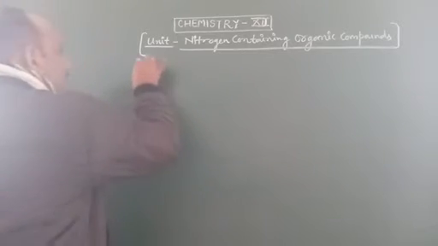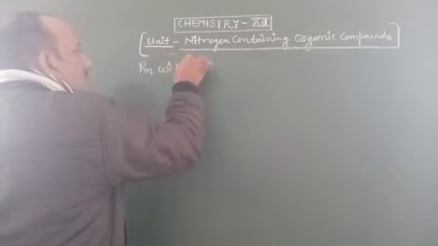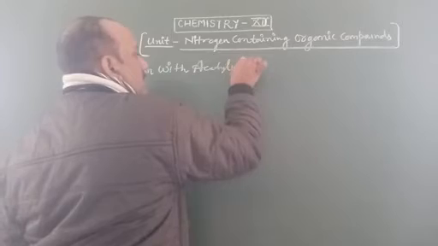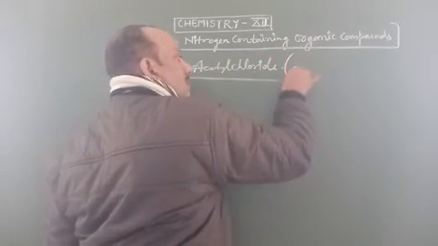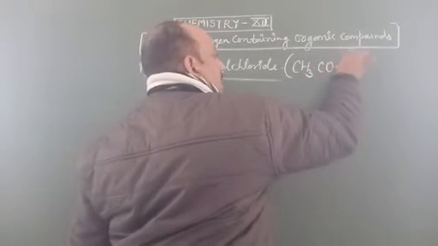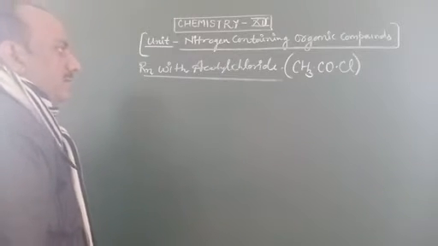Next, reaction with acetyl chloride. Formula is CH3COCl. It is an example of an acid chloride.